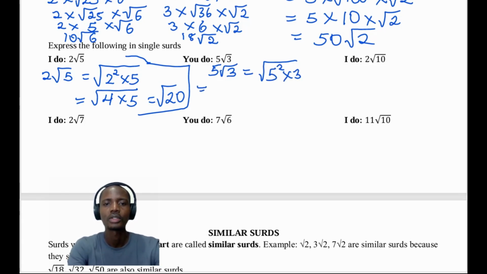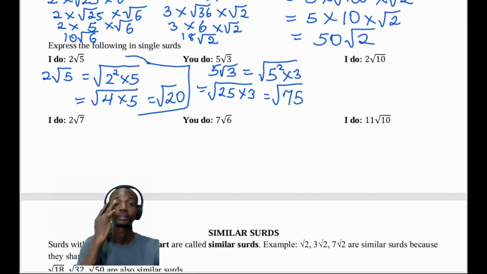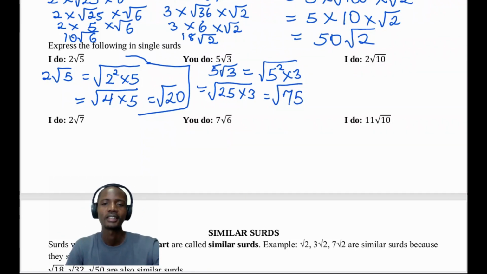That is equal to the root of, 5 to the second power is 25, now 25 times 3, and that gives root 75. Yes, that gives root 75.